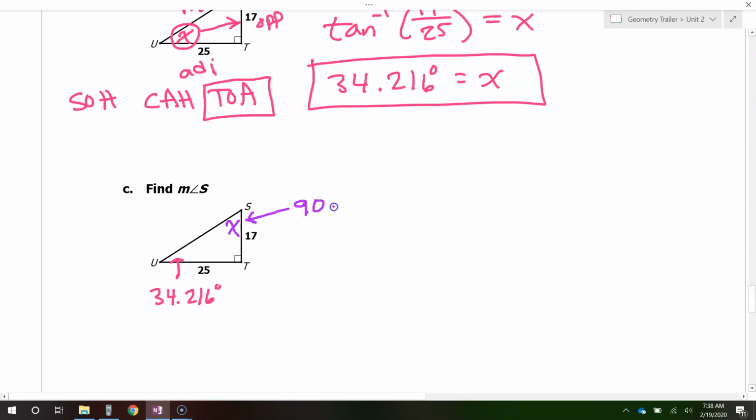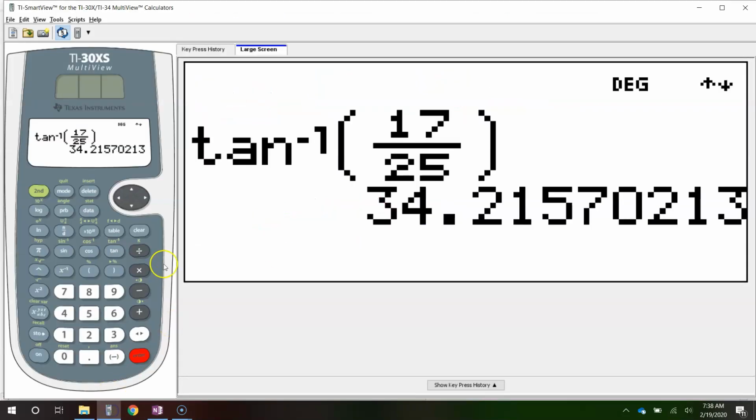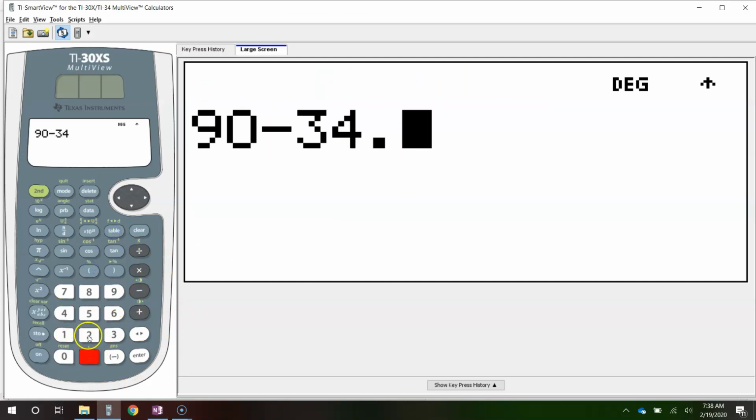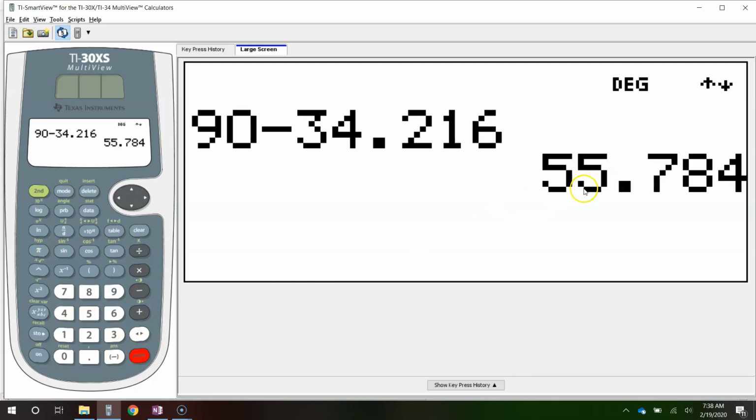So this should just be 90 minus 34.216. So that is 55.784.